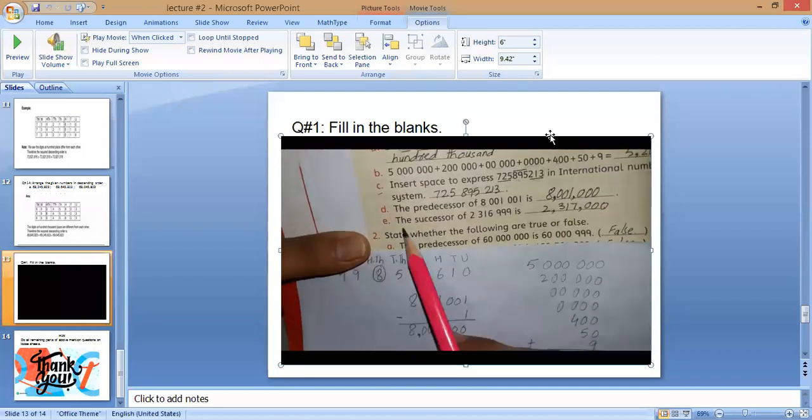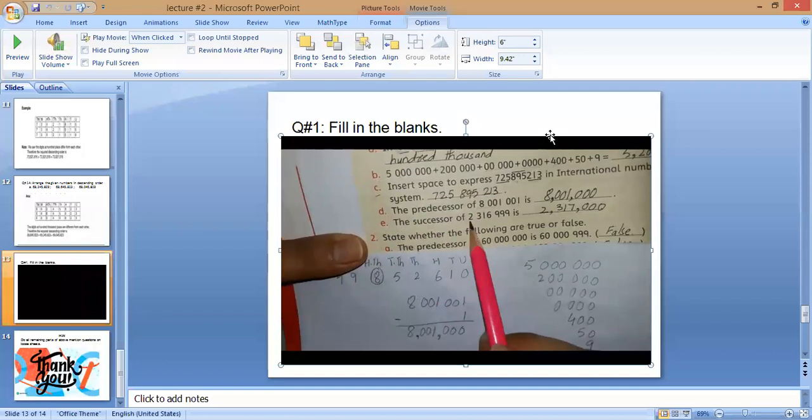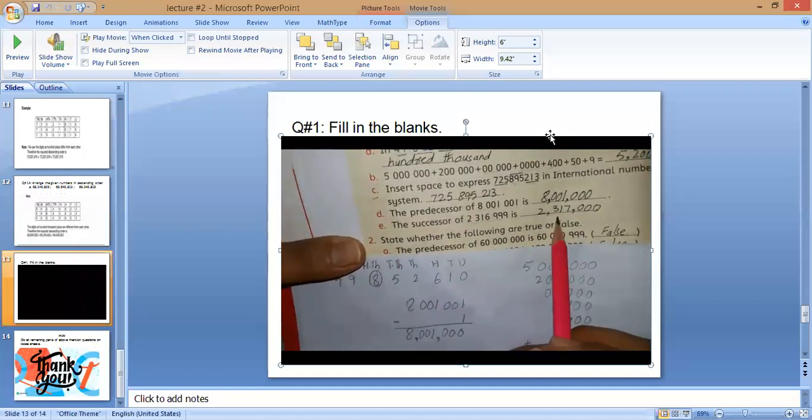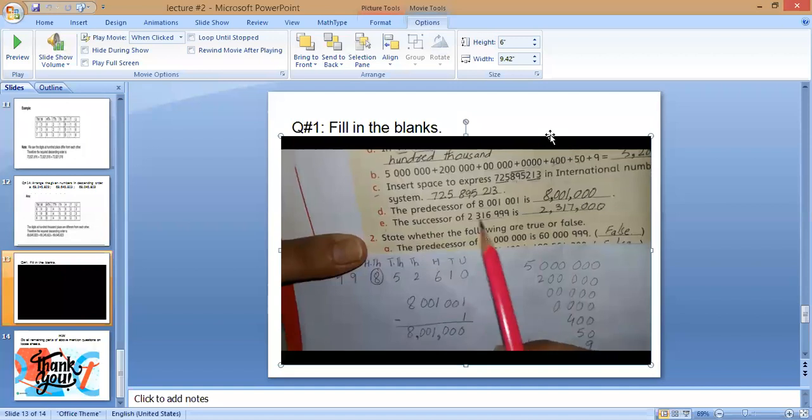The next one is, the successor of this is dash. You have to find the successor of this number.